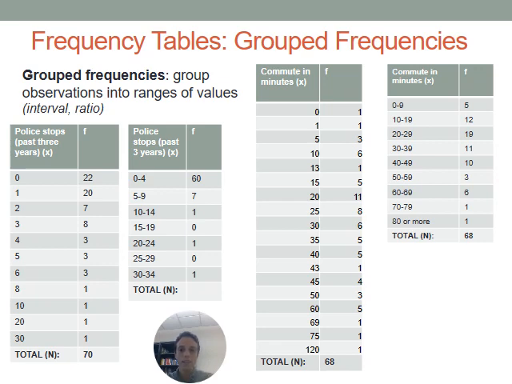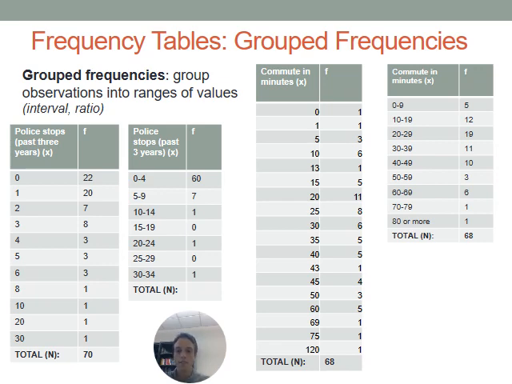And what we can see here is that when we group our commutes into ranges, it's easier to read the table. And so we can now see that the most common commute length is between about 20 and 29 minutes, with 19 out of the 68 people who answered the question. 10 to 19 minutes, 30 to 39 minutes, and 40 to 49 minutes are also pretty common commute lengths, and we've got similar numbers of people with each of those commutes.